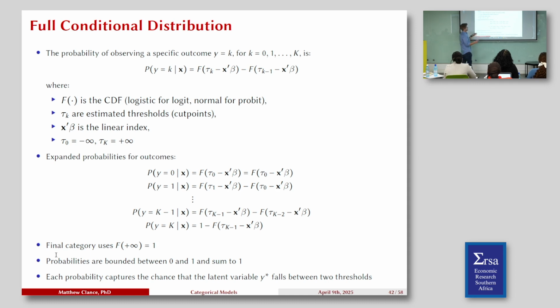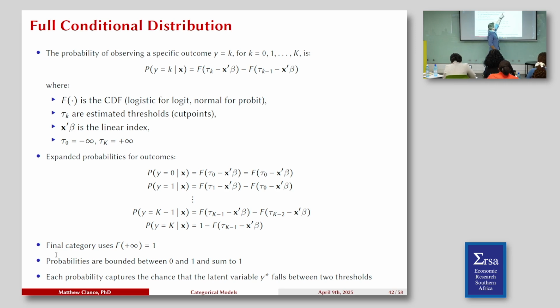So remember, there's going to be a cut point for 0. Anything below that cut point for 0, we're going to view as 0. Anything after that cut point, we're going to view as 1. So we need to know what that cut point of 1 is minus x prime beta.